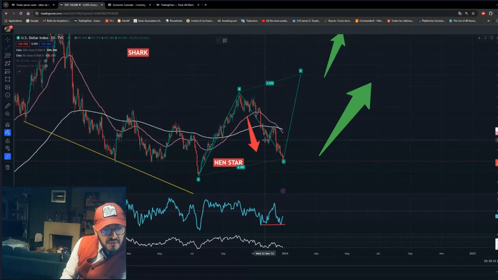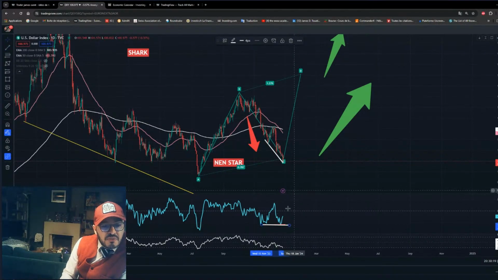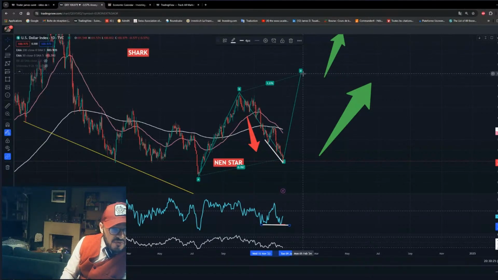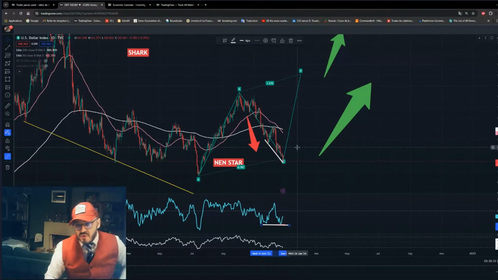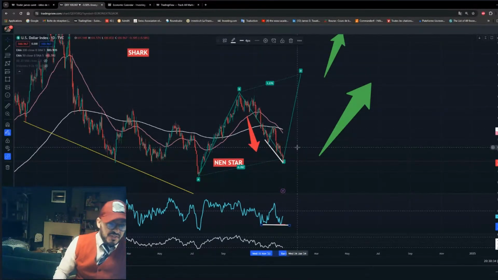Look, the market is going down and we have a double bottom here. So we can have a rebound and we can go to this level, 109. I know it's huge, but before we can reach the EMA 50 and the EMA 200 at this level, around 103. It's possible. It's not huge.